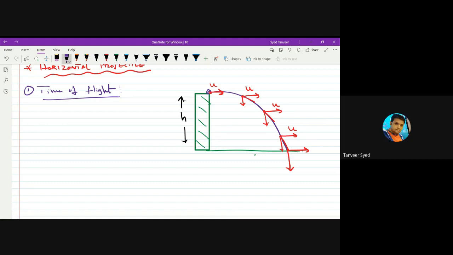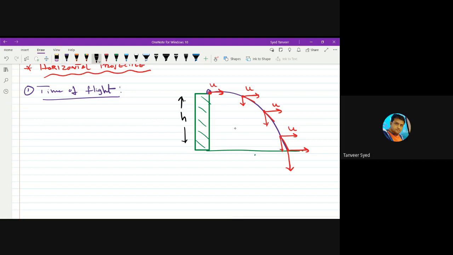Vertical velocity. What is the vertical velocity that you are giving to it at the time of projection? 0. Vertical velocity at the time of projection is 0. You are giving velocity only along horizontal direction, but because of acceleration due to gravity, with time, it is gaining vertical velocity.